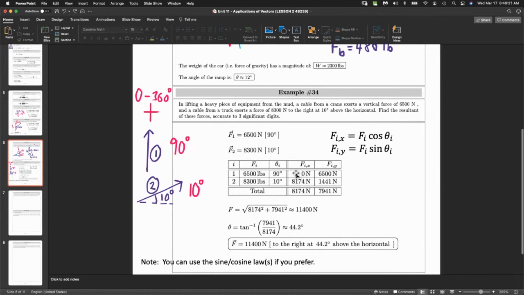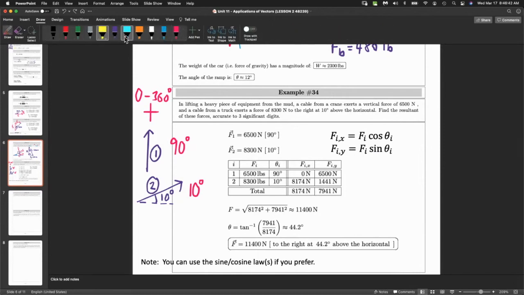Notice that we have a 0 here for the x component, which is clearly represented in this diagram. There is no horizontal component to the first vector. In fact, for this first row of the table, all you really need is the 0 and the 6,500. Now, when it comes to your test, I just want to be very clear with everybody.